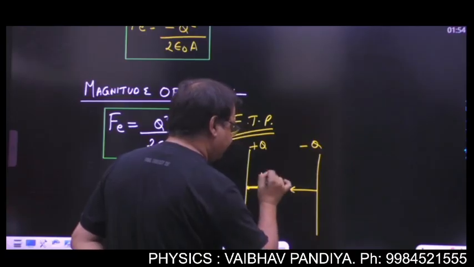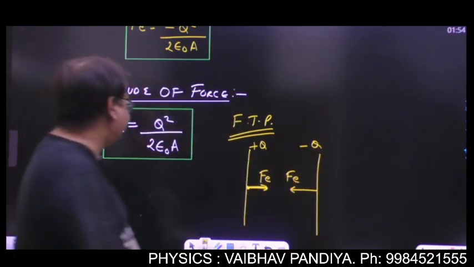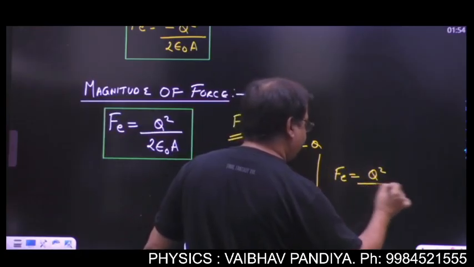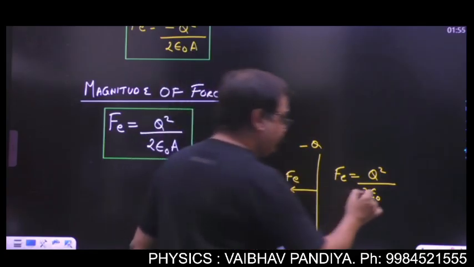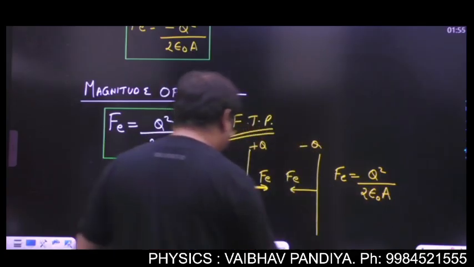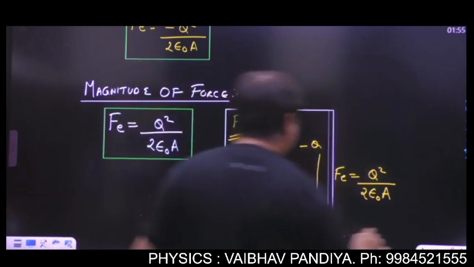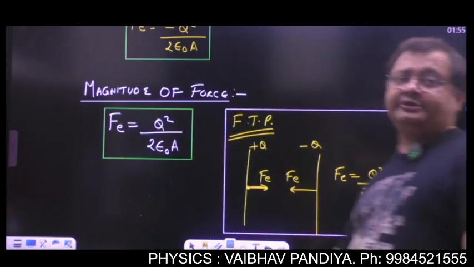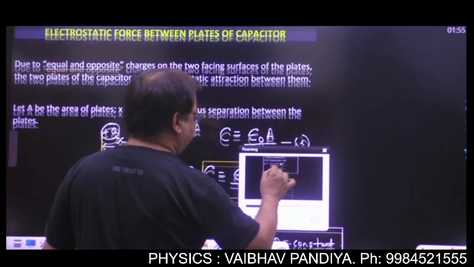There will be an attractive force between the plates, and the magnitude of the force is Q square by 2 epsilon naught, that is the permittivity of free space, multiplied by the area of the plates. Okay, so this point we can keep as FP. Got it? So this is the derivation for the force acting between the two plates of the capacitor.